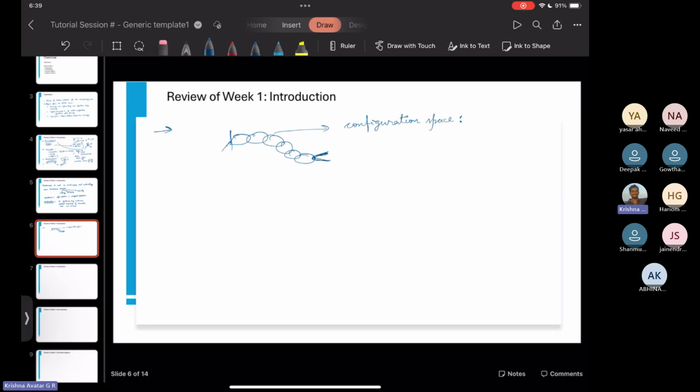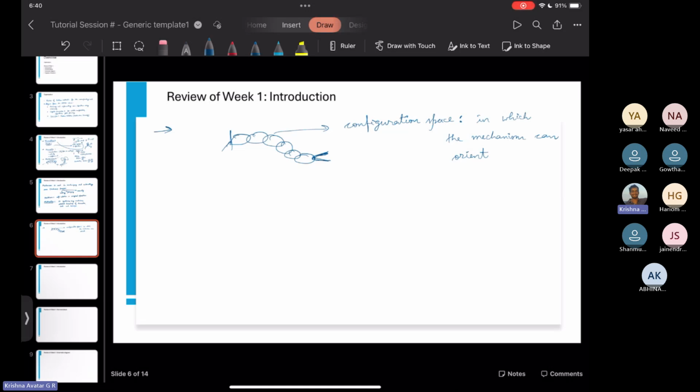Configuration space is the space in which the mechanism can orient.